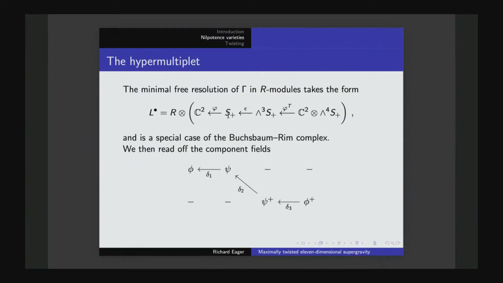So we can read off that this phi is going to be an R symmetry doublet. It's a scalar. And then this S plus is going to be a fermion psi. We can identify the wedge cube of S plus with the antifield of psi. And finally, this last term, the wedge 4, is going to be a singlet.